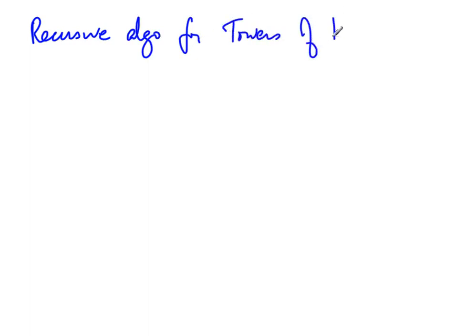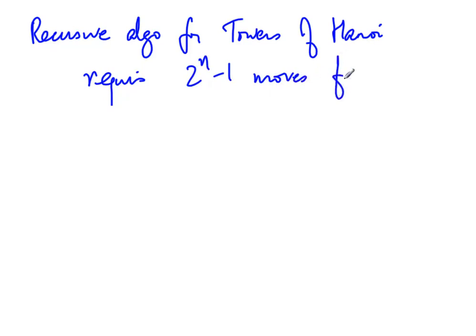Right? So this tells us that our recursive algorithm for the towers of Hanoi requires 2 to the n minus 1 moves for n disks.